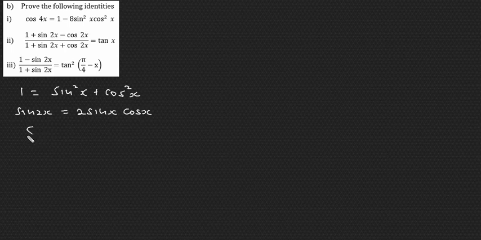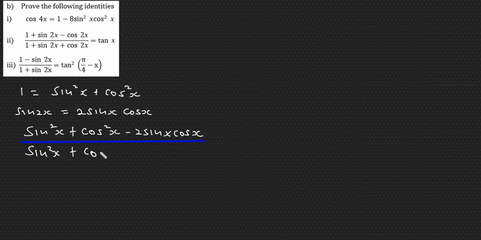So this is going to be sine squared x plus cos squared x, then minus sine 2x, we shall replace it with a 2 sine x cos x, then over, down here this one is the same as sine squared x plus cos squared x, then there is a plus instead, so plus 2 sine x cos x.